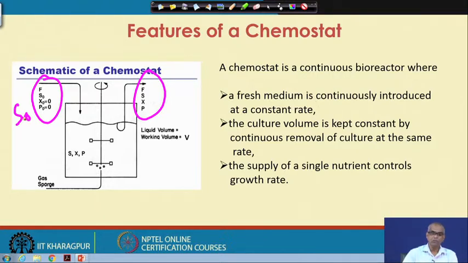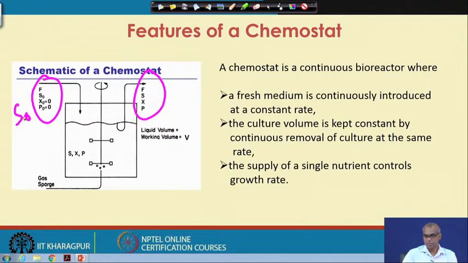So, when you write down the equations that describe the growth of microorganisms in the bioreactor, we consider the balance on the consumption of the substrate, and that substrate is the limiting substrate.